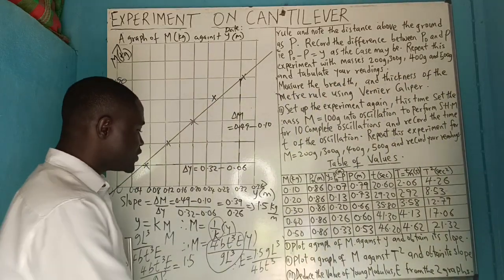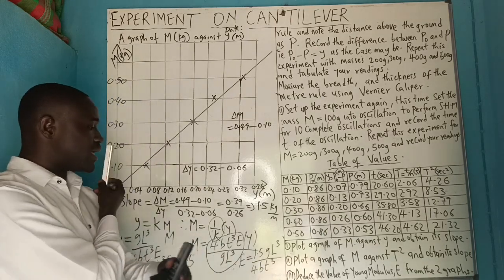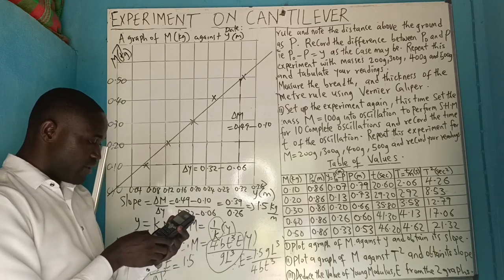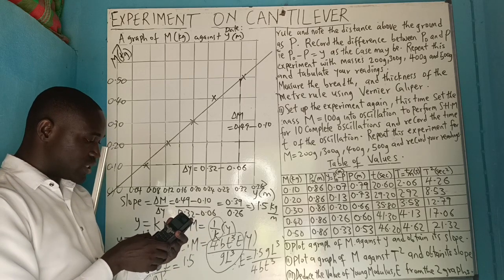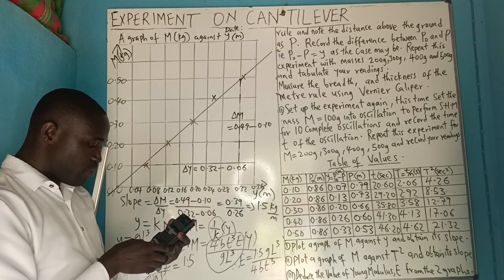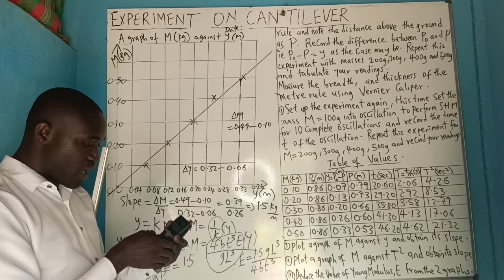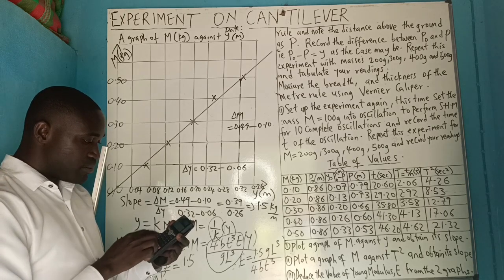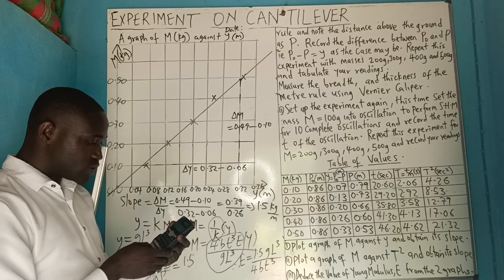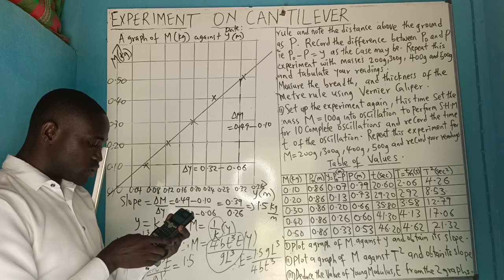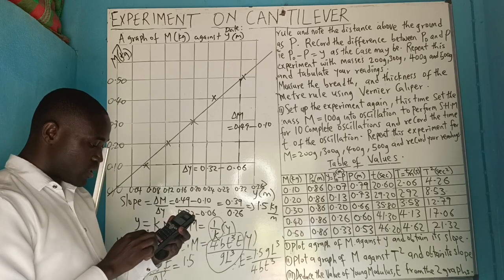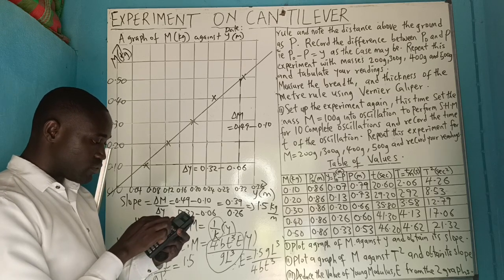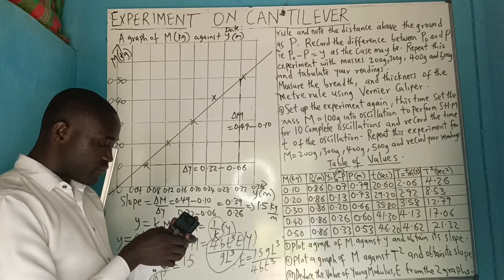So when you compute this, whatever it gives you becomes your answer. Let's compute it. We said 1.5 times 9.8 times 0.75 raised to the power of 3, divided by bracket 4 times, what is our B? 0.025 times 0.005 raised to the power of 3.